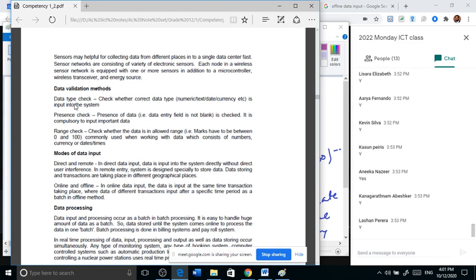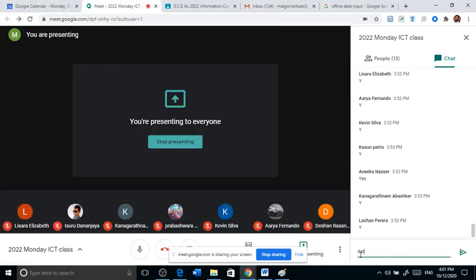Data validation means the system will check the entered data is valid to accept by the system. Right. Write down the heading data validation.